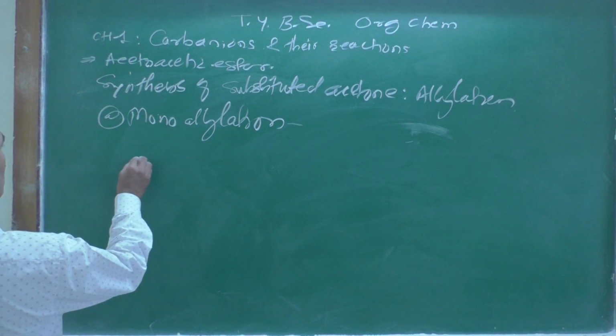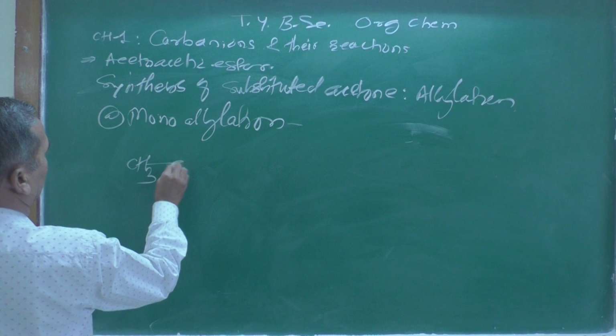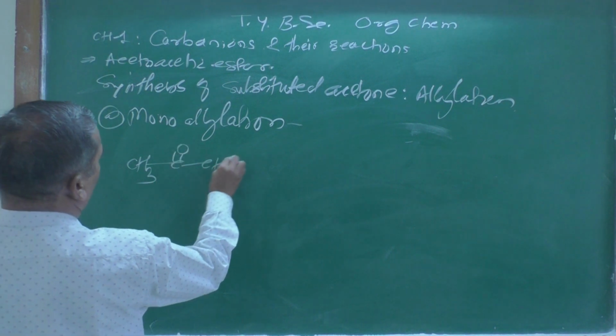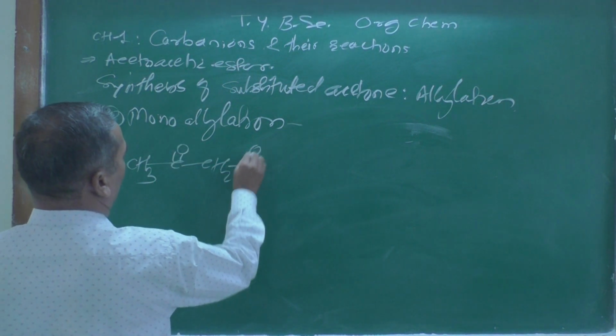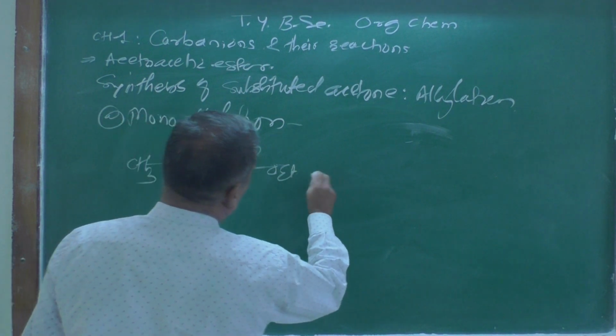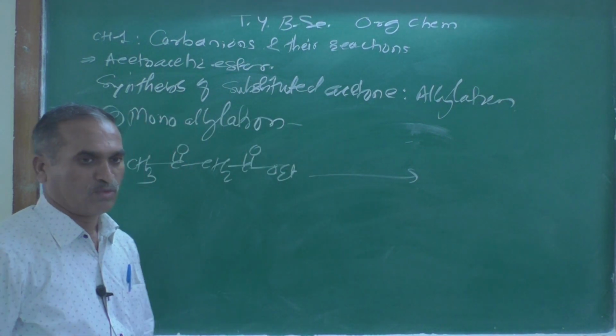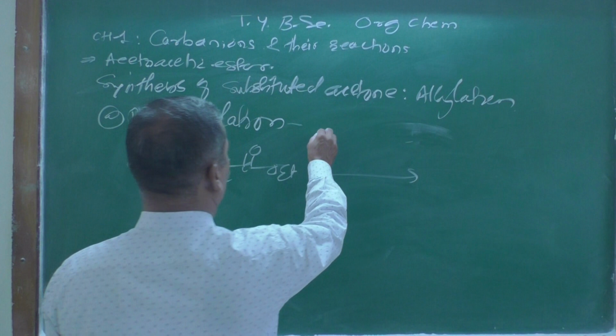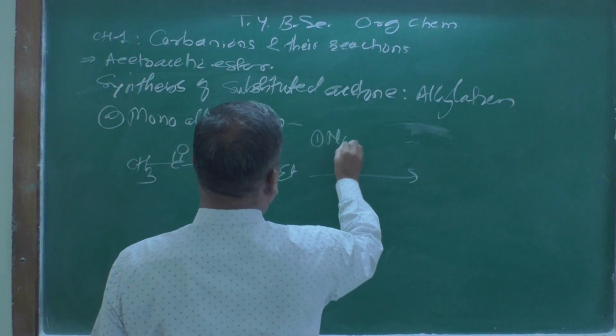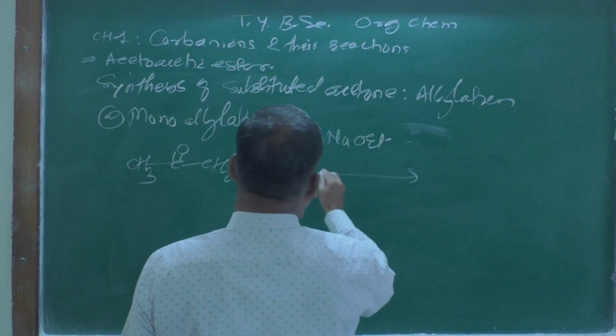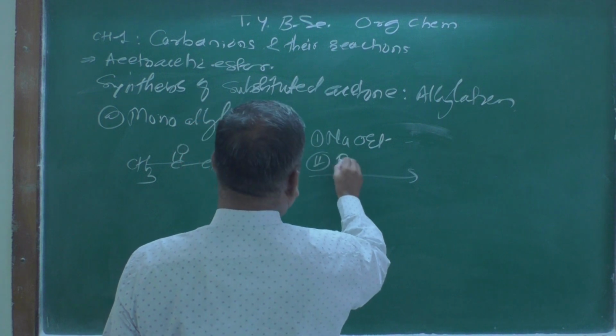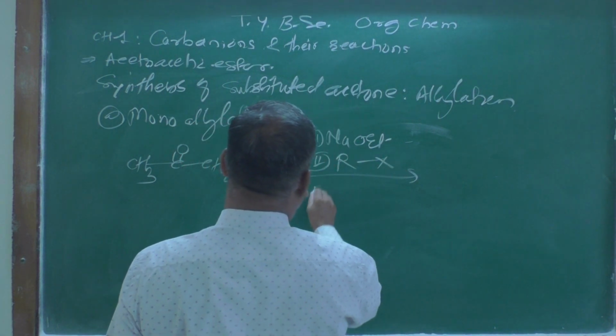Let us see monoalkylation: CH3 C double bond O, CH2 C double bond O, then OEt. First of all, what is the reagent we are going to use here? The reagent will be sodium ethoxide. Second one will be RX, that is alkyl halide.